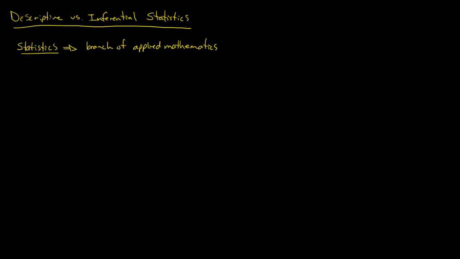Other than just being a branch of applied mathematics, what is the purpose of it? The general purpose of statistics is to describe and/or make decisions about your observational units.